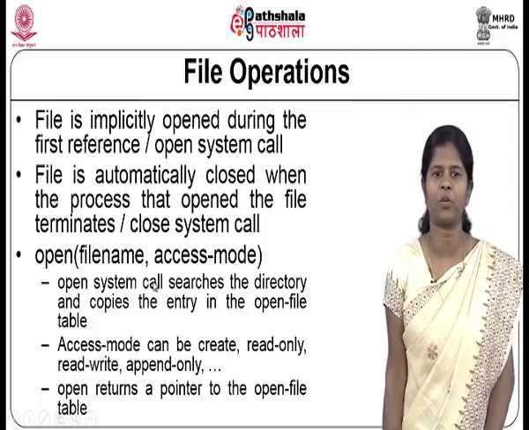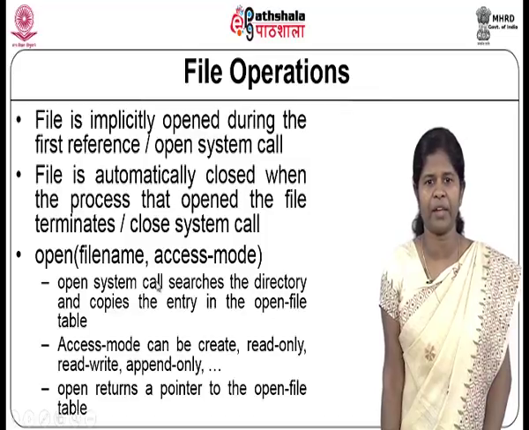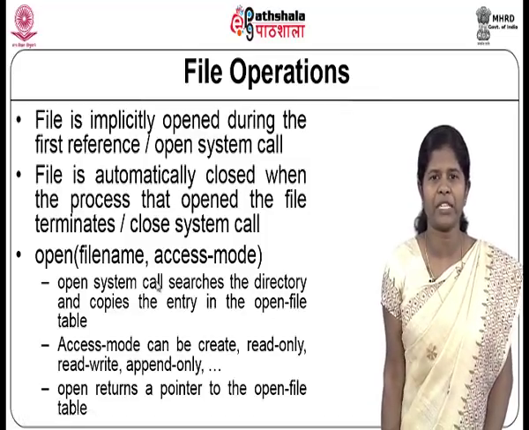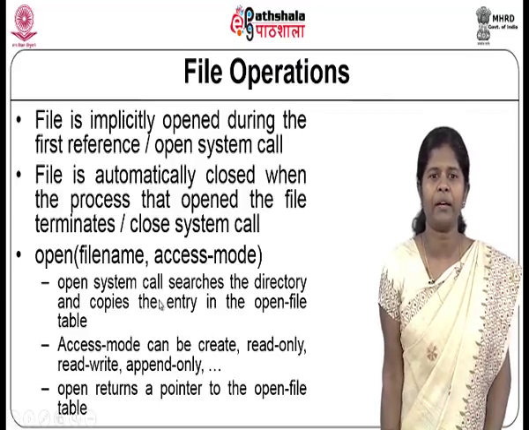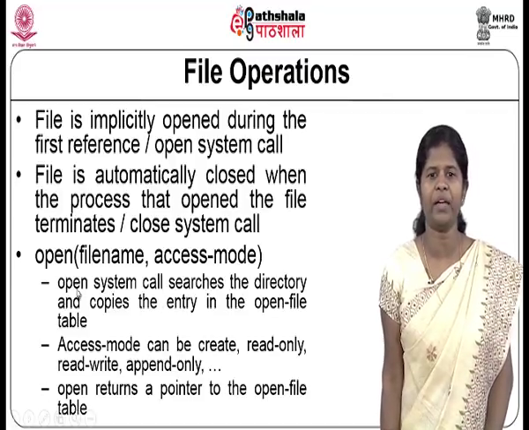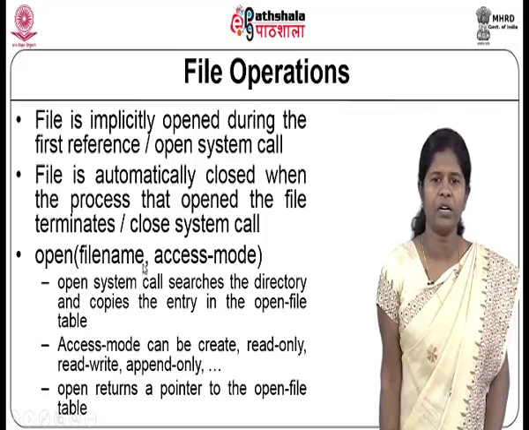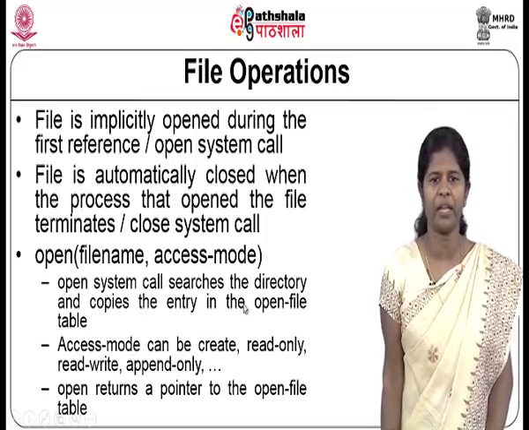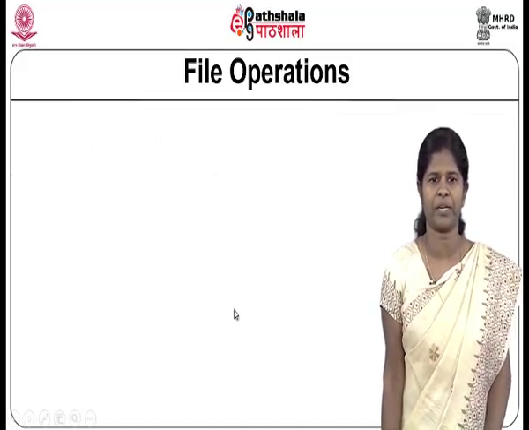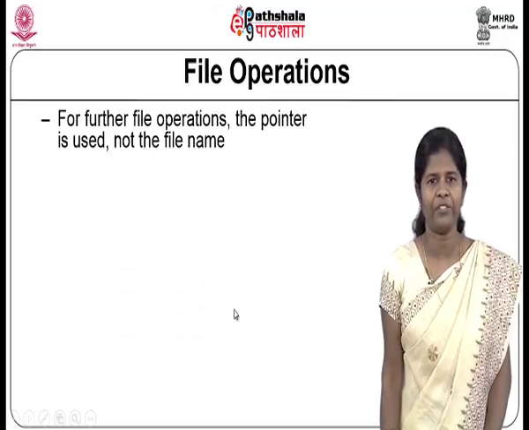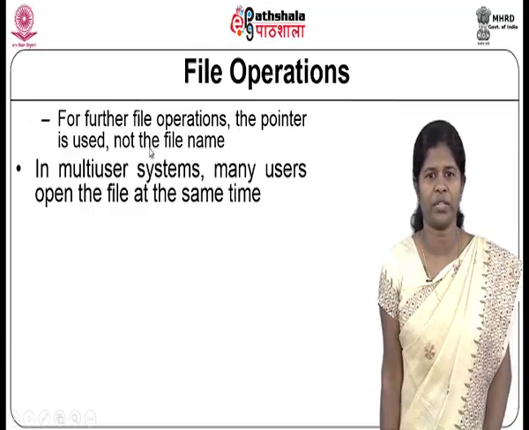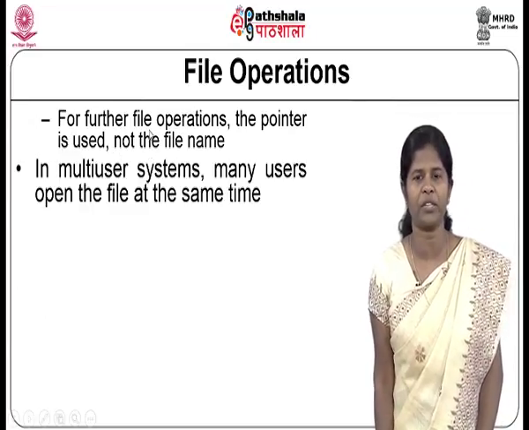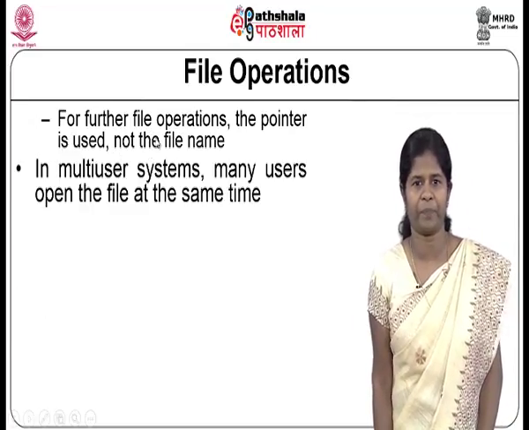This open system call will first search the directory, and it will copy that entry in the directory into the file table. The open will generally return a pointer to this entry in the open file table that has been created. And after that, for further file operations, only the open file pointer is used and not the file name.